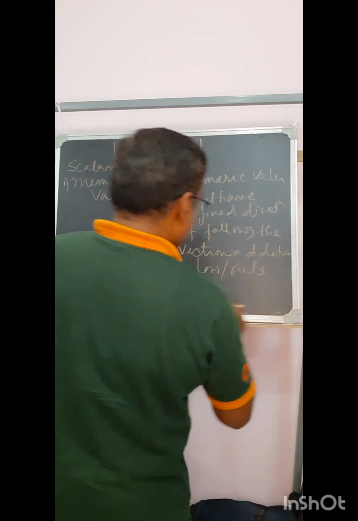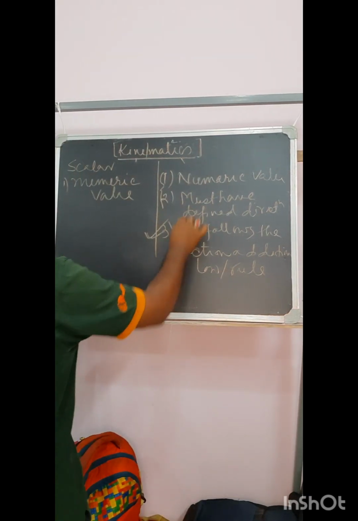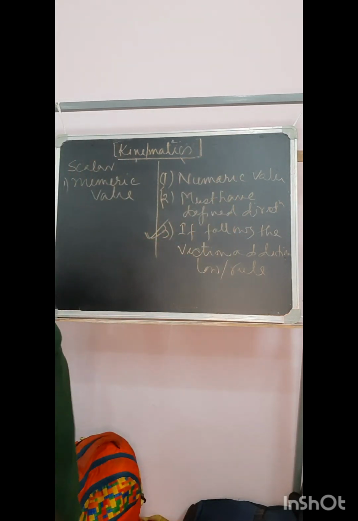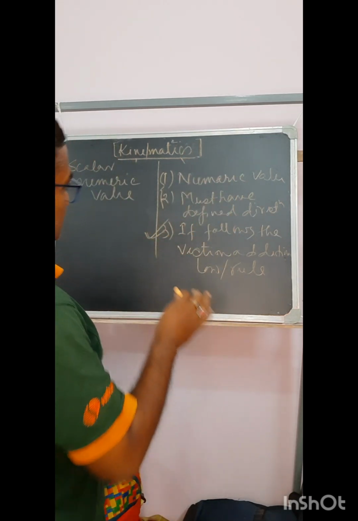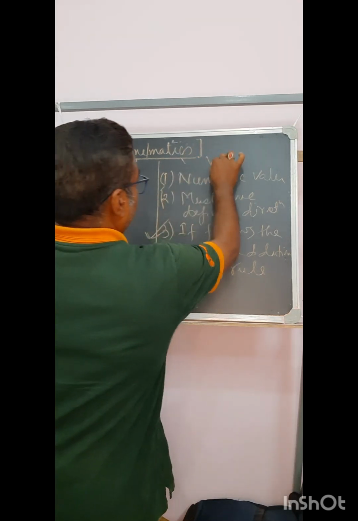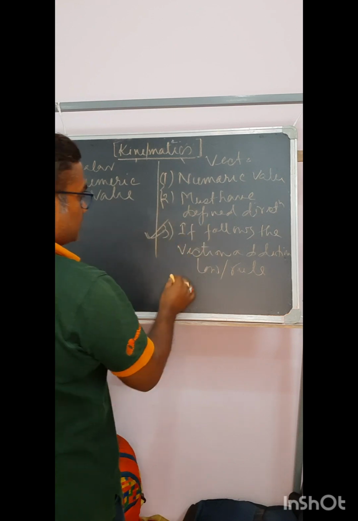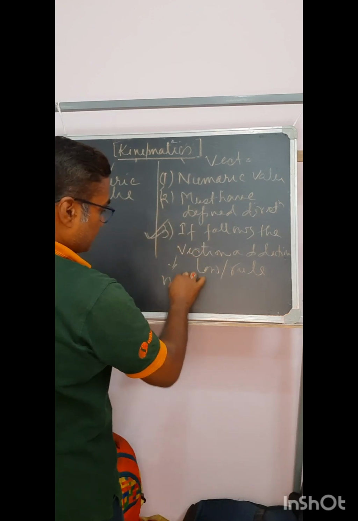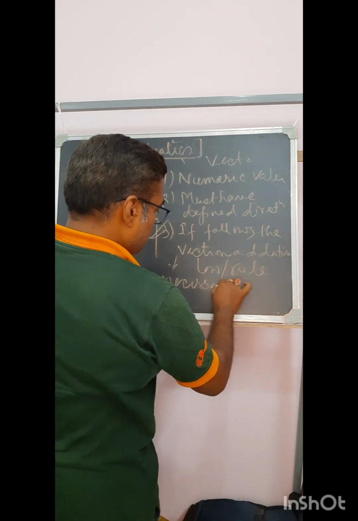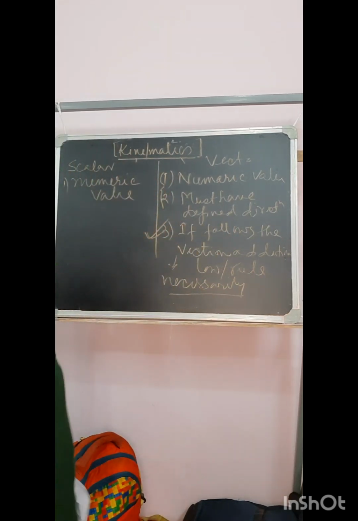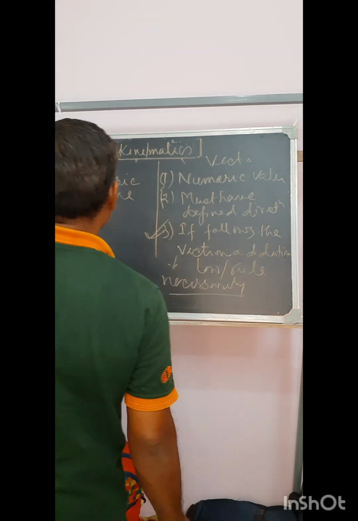If it follows the third one, then only you can say the physical quantity is a vector. So a vector must have these two, and this must necessarily be present. It must follow the vector rule or vector addition rule.